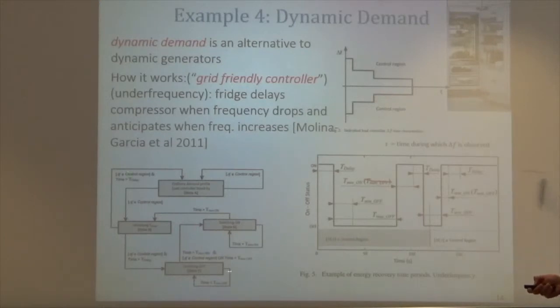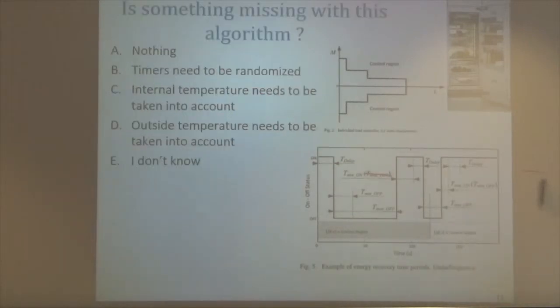So one way to solve the problem that has been proposed here is to make the fridges monitor the frequency, and when the frequency is very large, depending on the temperature of the fridge, it will or will not delay essentially its action. I will skip that.